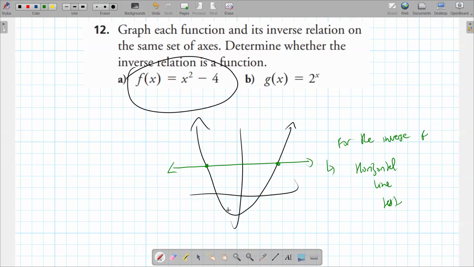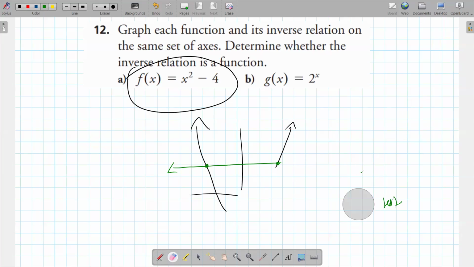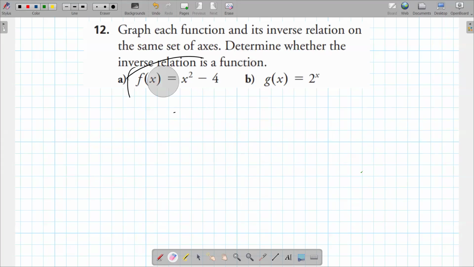So let's do B. B is a little bit annoying, but again, we can come up with some points. Can you give me a couple of points for B? What are some points on the curve of 2 power x?